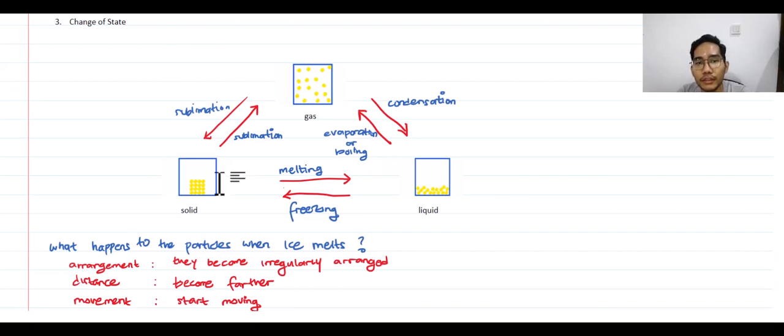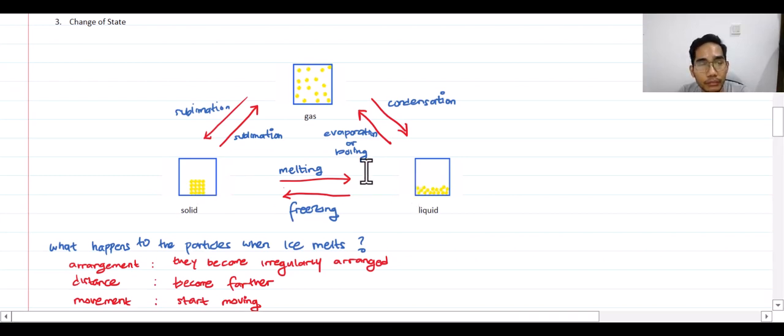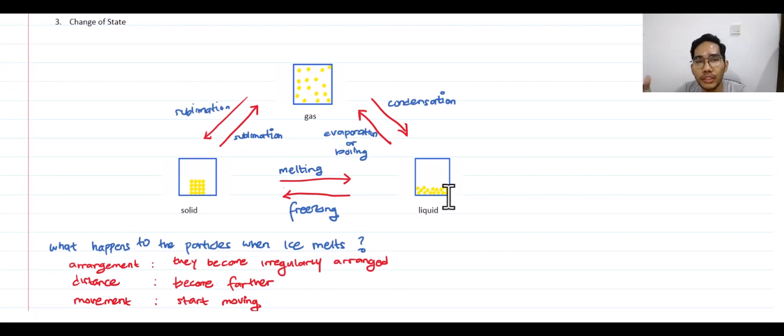For the solid particles to start moving, to become particles in liquid, they need energy. They need energy to move. Just like you, when you want to do an activity, for example, you need to eat first. You need the energy from your food in order for you to be able to be active, right? So it's just the same with the particles. They need energy for them to move from solid to liquid.